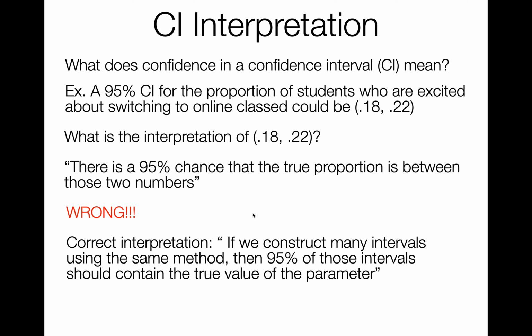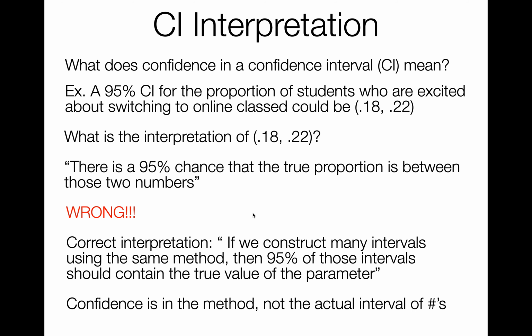That's my method, okay? That creates endpoints. If we construct many intervals from those many samples using that same method, then 95% of the intervals I create should contain the truth.